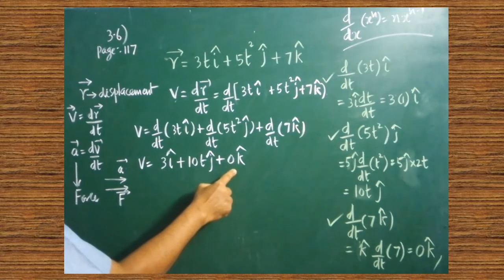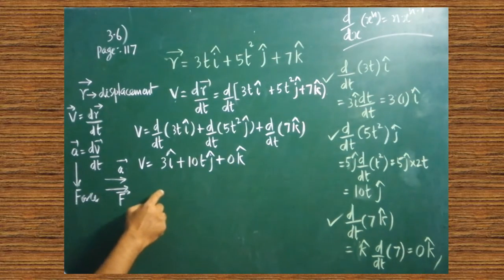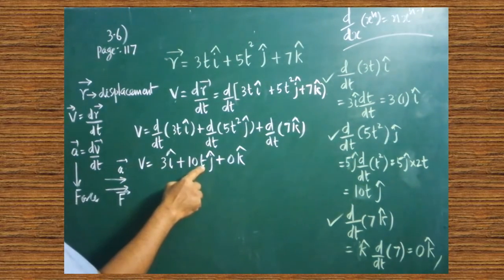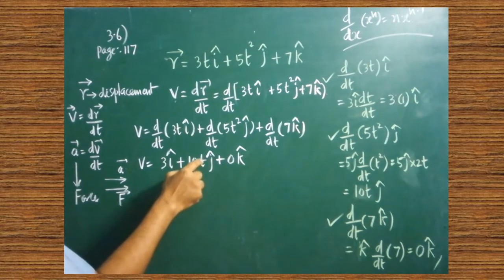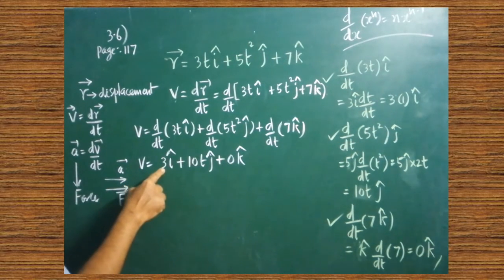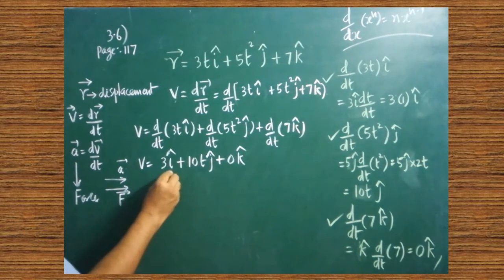Z axis, because 0 k cap is there. And then the velocity may vary with respect to time along the y axis. If you substitute the time value, depending on the time value, velocity will change. The body is moving with constant velocity only along the x direction.